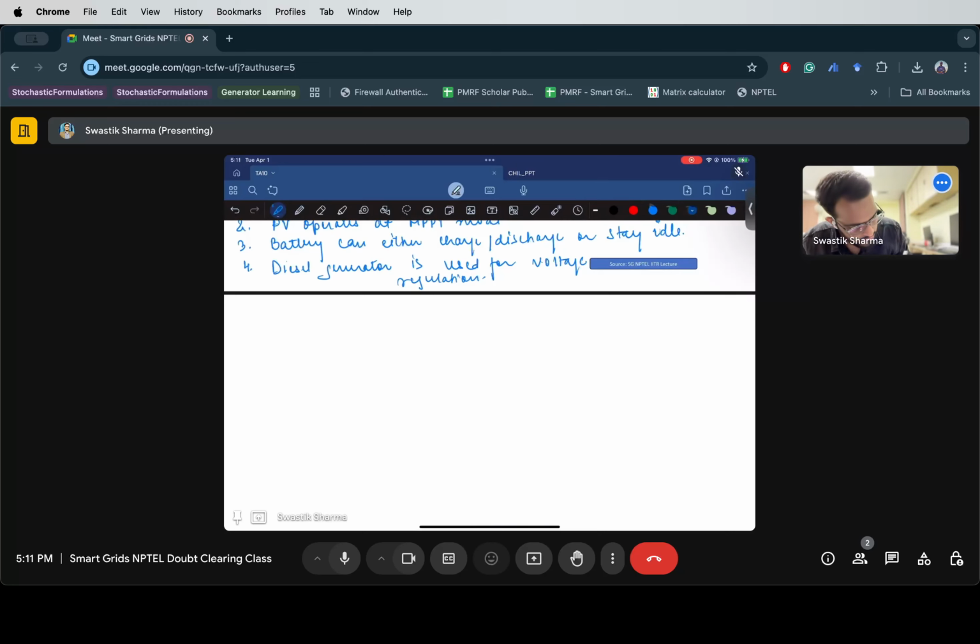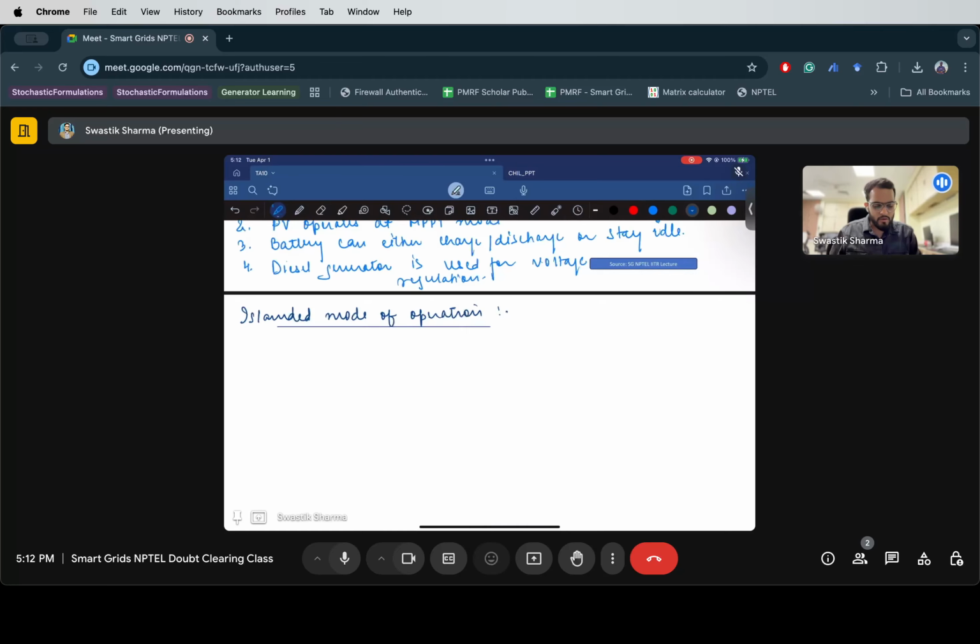Islanded mode, we all know, is just that the microgrid is not connected to the main grid at all.